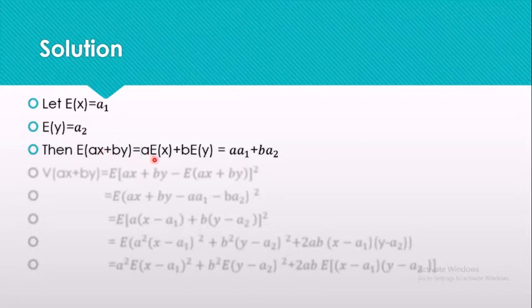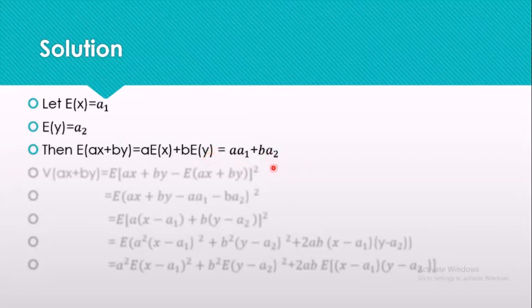I get a into expectation of X, this result you have studied earlier, plus b expectation of Y, which is equal to a multiplied by expectation of X. Over here I have given the notation a1, so I'm going to substitute this over here, plus b multiplied by a2, since expectation of Y is equal to a2, I'm going to substitute a2 over here.